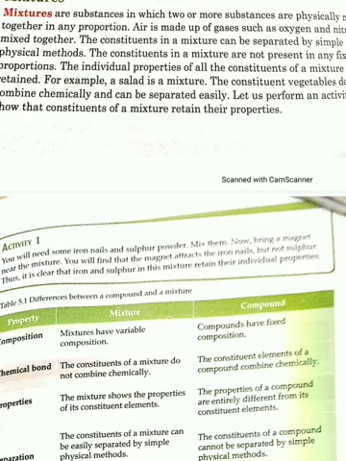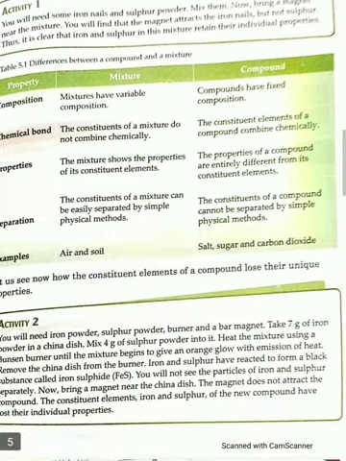Then activity 1 explains that if you take some iron nails and sulfur and mix them well, and rotate a magnet over this mixture, all the iron nails get attached to the magnet, which shows that iron is attracted by a magnet.